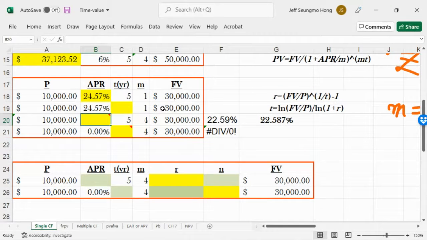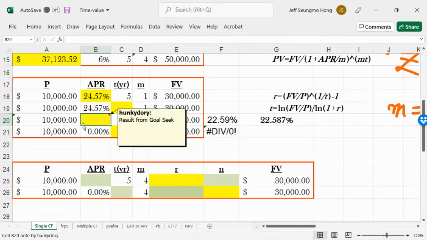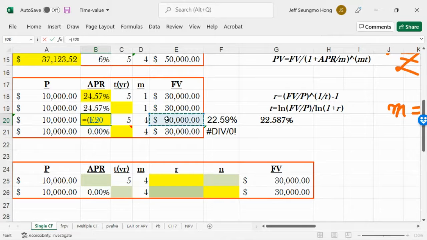But this time, n is 4. So that means we need to make an adjustment. So then, FV over PV raised to 1 over, okay, I forgot to. And then it's 5 years, but quarterly compounding.